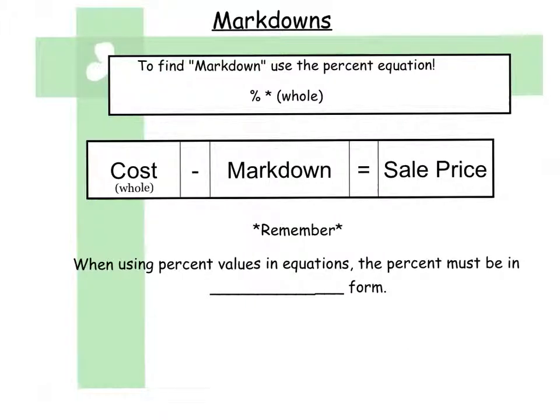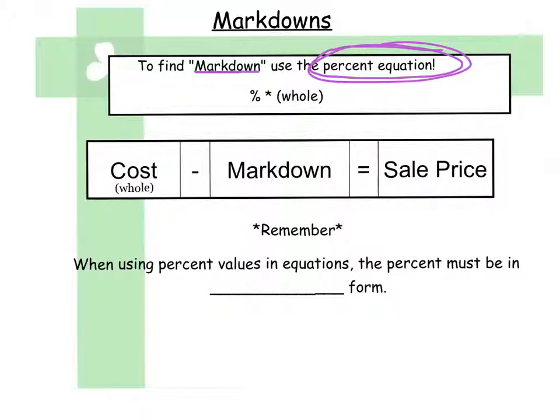To begin today, we have two things that we really need to understand. The first is how to find the markdown amount. And all we have to do is use the percent equation, which we did a few days ago. The markdown amount is going to be the percent markdown times the whole, or the initial cost.